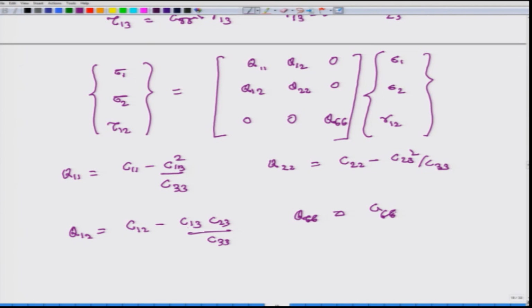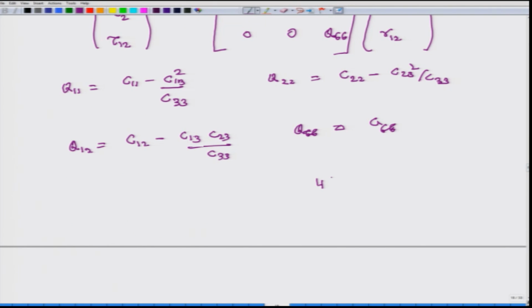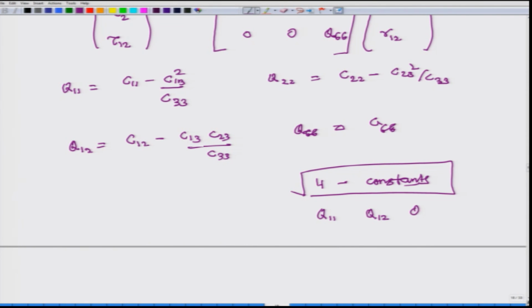So, if there is a material which is especially orthotropic and in a plane stress situation, then we need only 4 constants. It may have more independent elastic constants, but we do not need other constants. We only need 4 elastic constants, and these are Q 1 1, Q 1 2, Q 2 2 and Q 6 6.